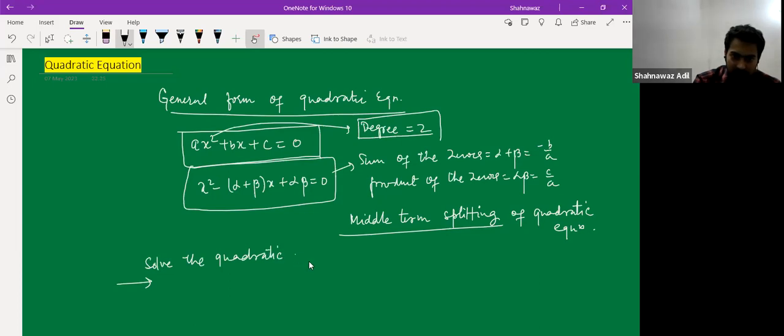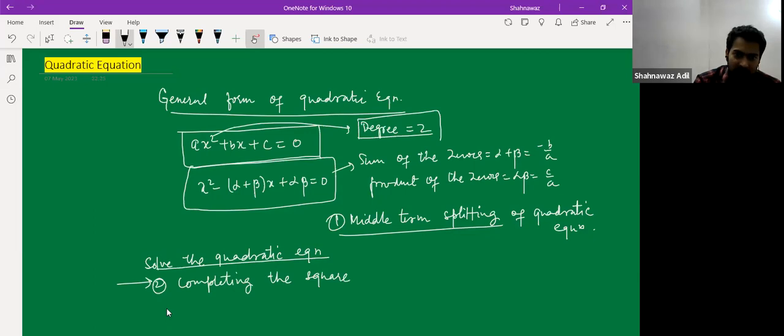Right. So now in this chapter, we will learn another method to solve the quadratic equation. One method you know. The second method is completing the square, right? Completing the square method we will learn.